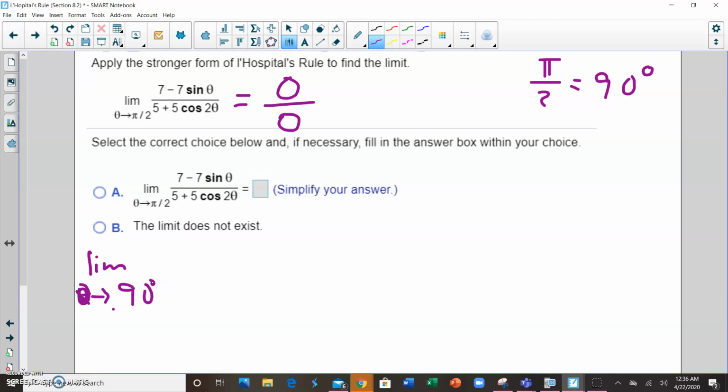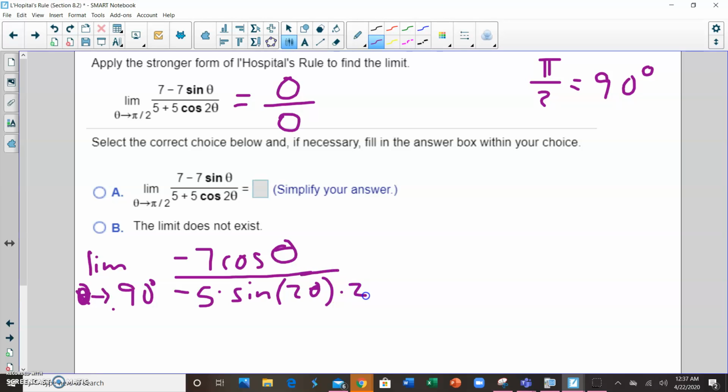On the top, the derivative of sine is cosine, so it's negative 7 times the cosine of theta. On the bottom, the derivative of cosine is negative sine, so I'm going to get negative 5 times the sine of 2 theta, and then times the derivative of 2 theta, which is 2.